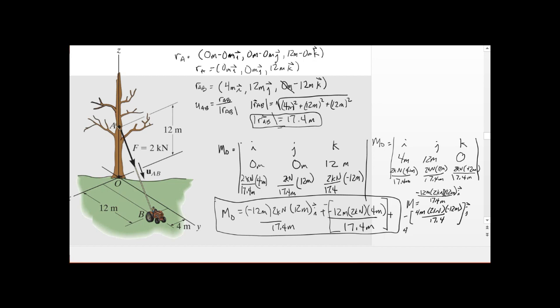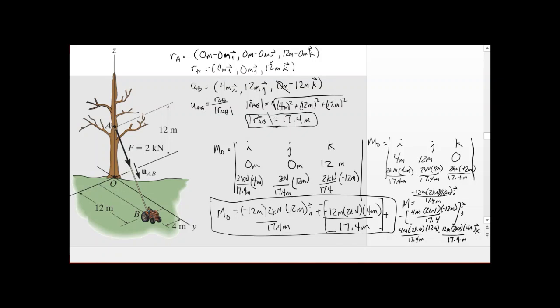So 4 meters times 2 kilonewtons times 12 meters divided by 17.4 meters. And then we're going to subtract out 12 meters times 2 kilonewtons times 4 meters divided by 17.4 meters in the K.